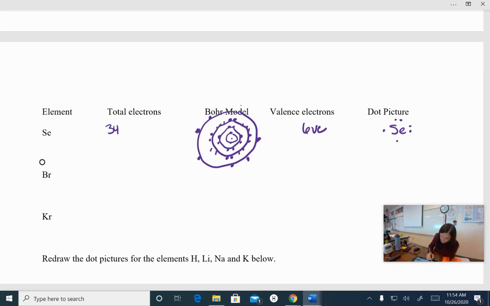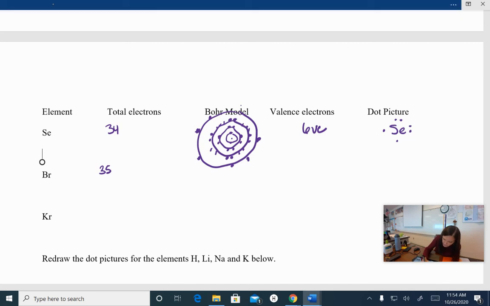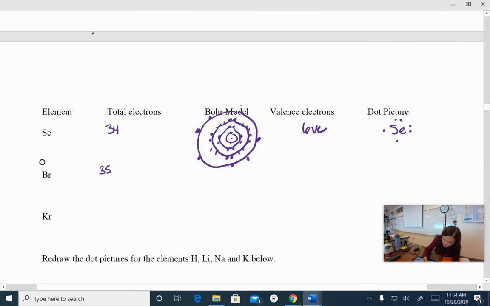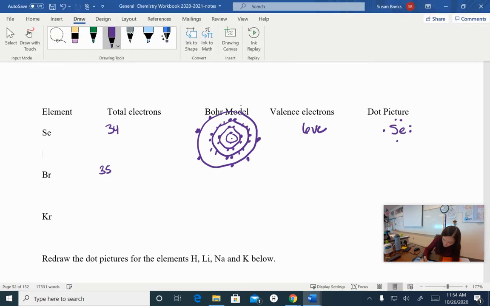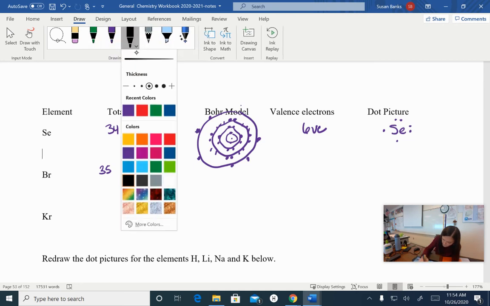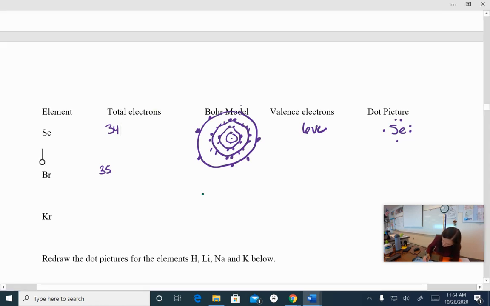Okay, bromine. You've probably guessed it. We have 35. So let me switch colors if it will let me, just so that it doesn't get so confusing. Okay, bromine.